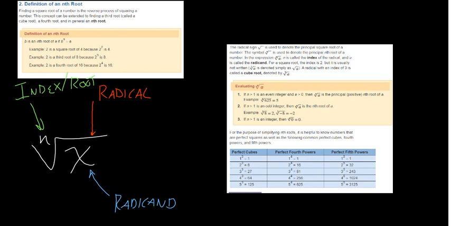Then the nth root of a is just the nth root of a. And if n is greater than 1 as an integer, then the nth root of 0 is always going to be 0. Okay, so again, we need to be able to recall these perfect cubes, perfect fourth powers, perfect fifth powers. I think it's just something you develop over time, the fourths and fifths.